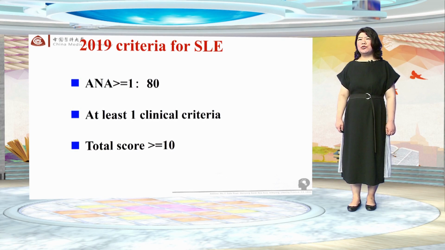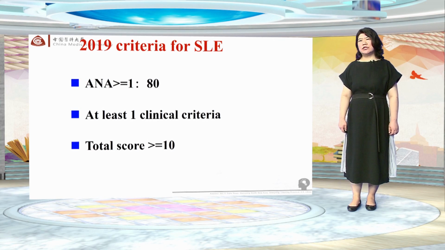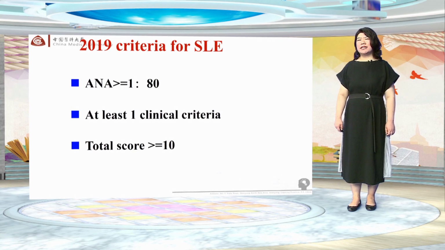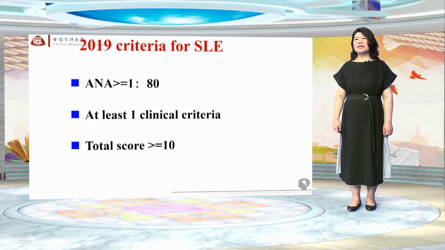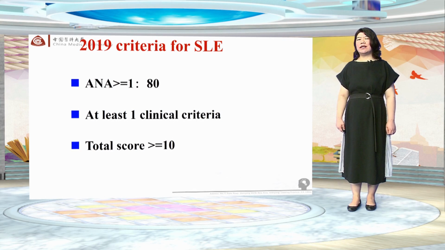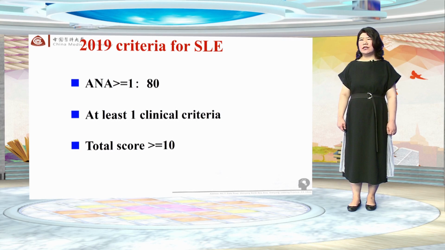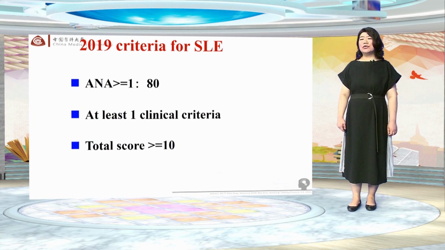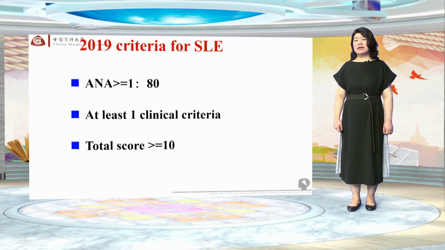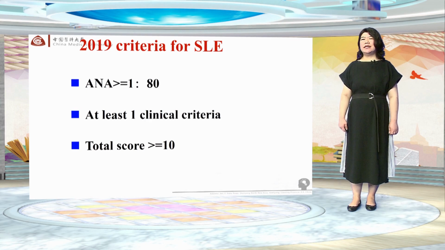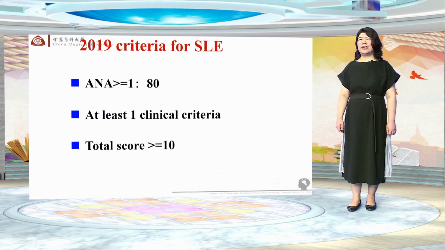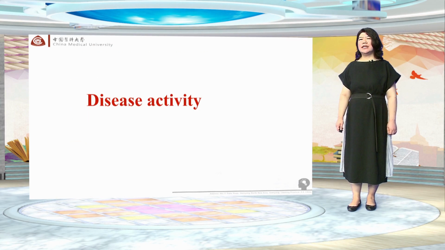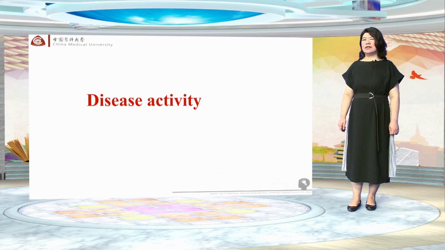But there are still 2 points we must pay attention to. First, the patient must be ANA positive, that is, the titer for ANA must be higher than or equal to 1 to 80. And the total score must be at least 10, including at least 1 clinical criterion. That's the diagnosis for lupus.